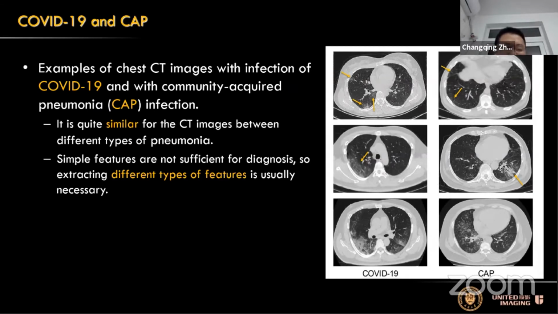So a question is, if we just use single view features or simple features, maybe it's insufficient for diagnosis. So in this work, we want to use multiple types of features, which may contain complementary information, so it will be beneficial for the subsequent tasks.